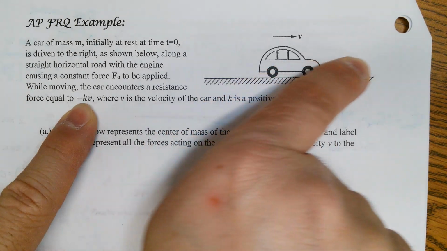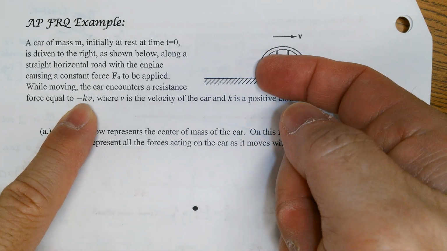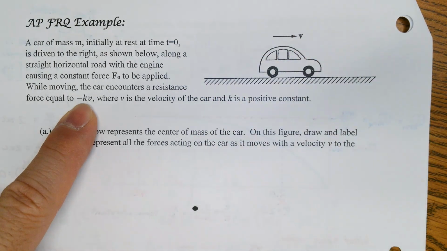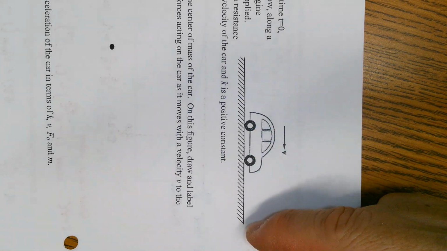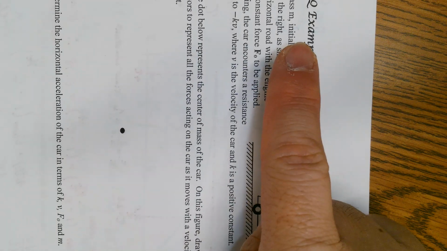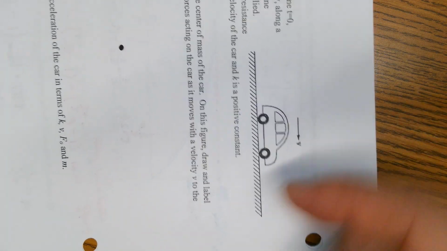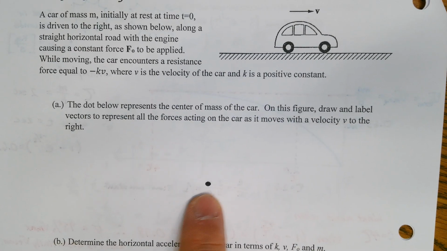The constant force of F naught is applying this way, and the drag force will actually increase as my speed V increases the other way. So think about what we just did, where F naught is mg, and then it was BV this way, but instead of BV, it would be KV. However, now it's on the flat ground, so when you draw a free body diagram, don't forget the y-axis.